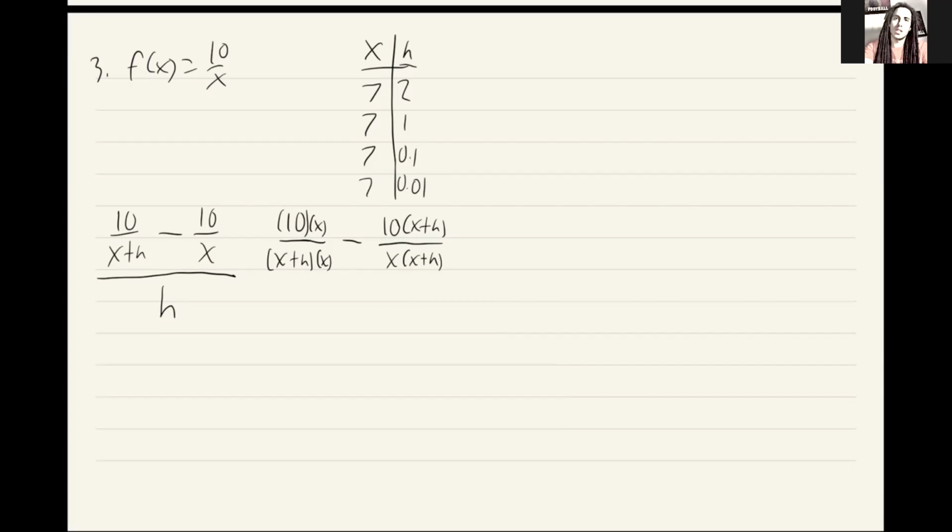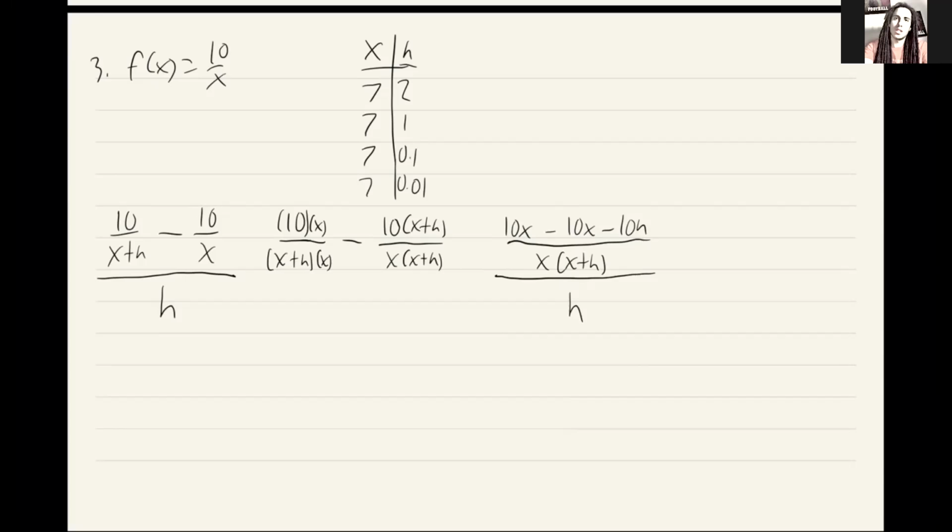So then we have 10 times x plus h minus 10 times x, which is 10x plus 10h minus 10x. And all of this is going to be over x times x plus h. And all of this is going to be over h.